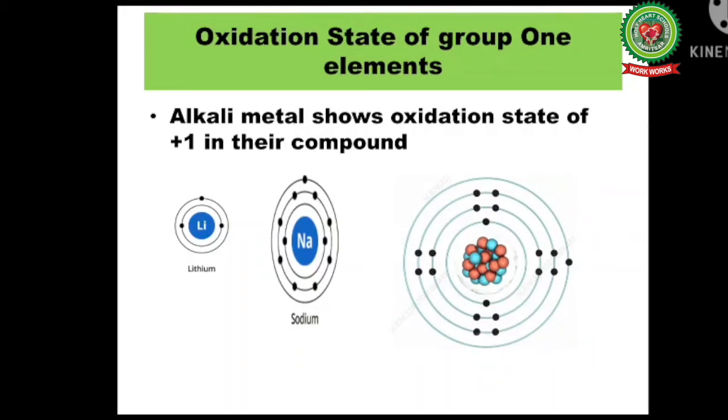Now, as one electron is there in the outermost shell and we have just discussed that they have low ionization energy, by losing that one electron which is present in the valence shell, they can have the stable electronic configuration of the nearest noble gas or inert gas. So that's why alkali metals show oxidation state +1.